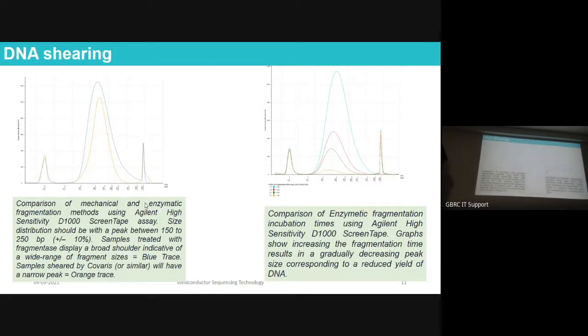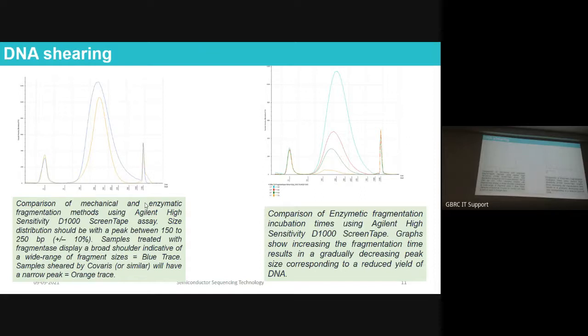Now this is a comparison of the mechanical and enzymatic fragmentation methods. As you can see here, the blue trace is a sample treated with an enzyme, and the orange one is the Covaris, or ultrasonicator based method.